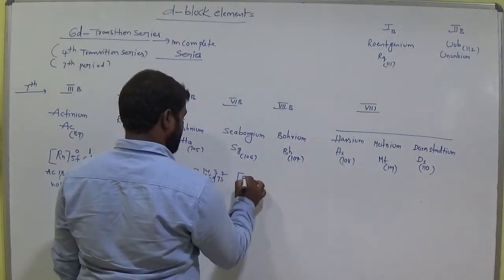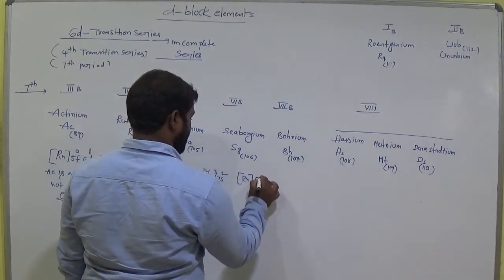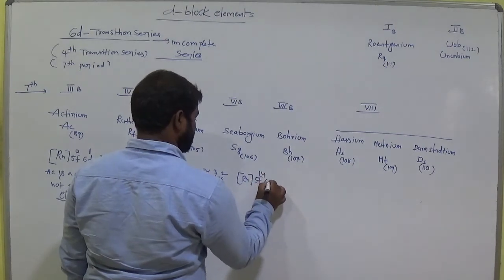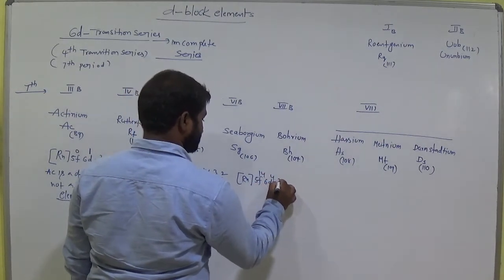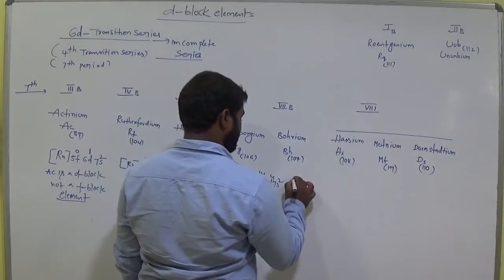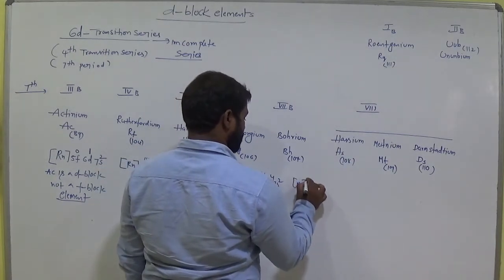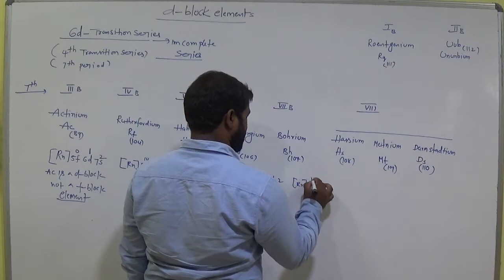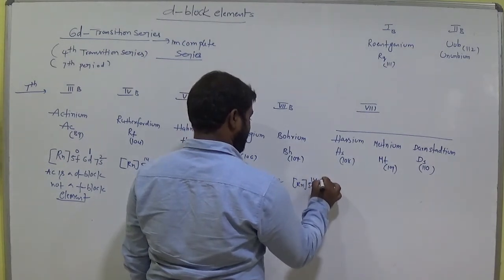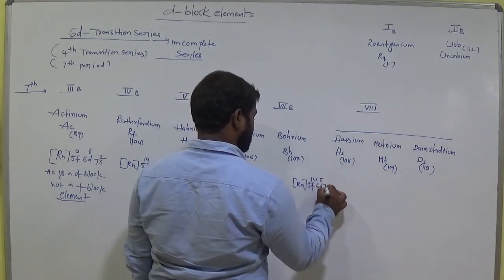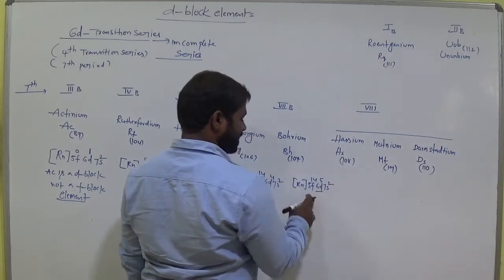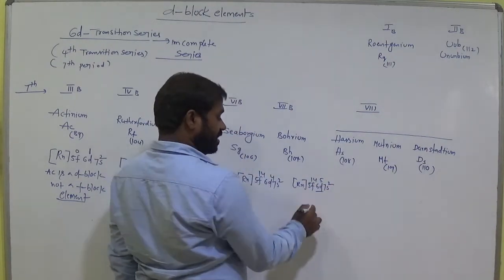And again radon 5f14 6d4 7s2, and Bohrium, radon 5f14 6d5 and 7s2. Remember this 6d5 in the d orbital.